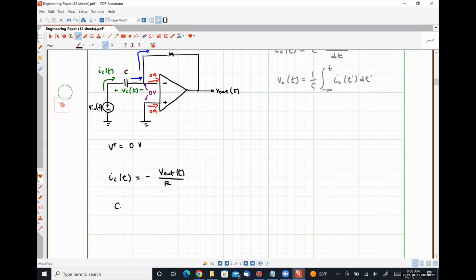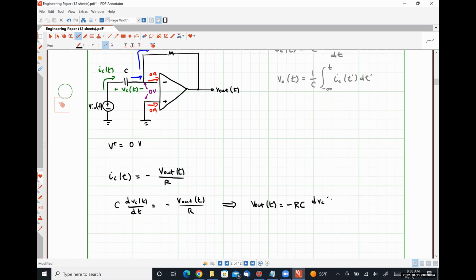So we could say that C dVC by dt is equal to negative V out over R, and from this we could say that V out as a function of time is equal to negative RC times dVC by dt. Everybody okay with that algebraic step there?